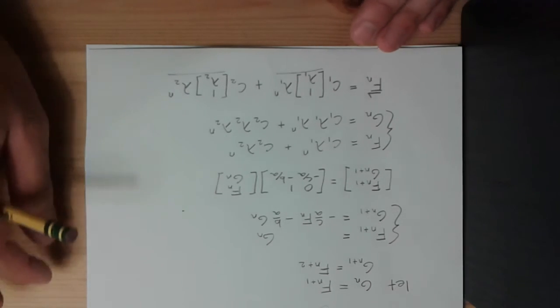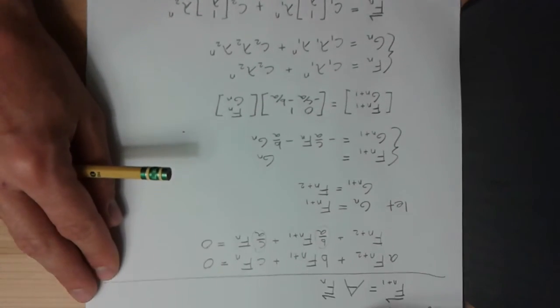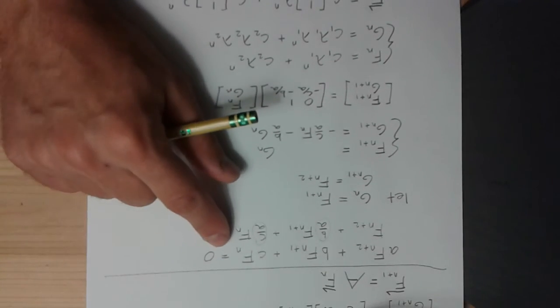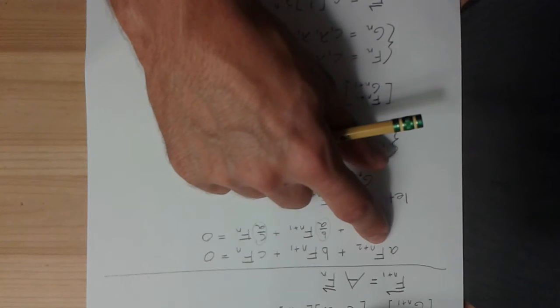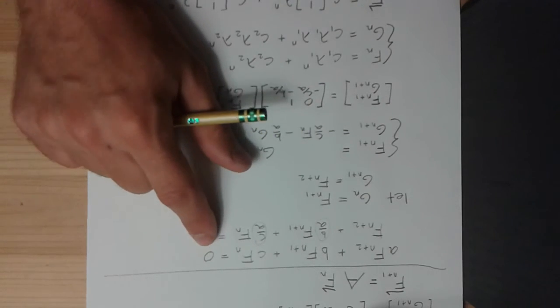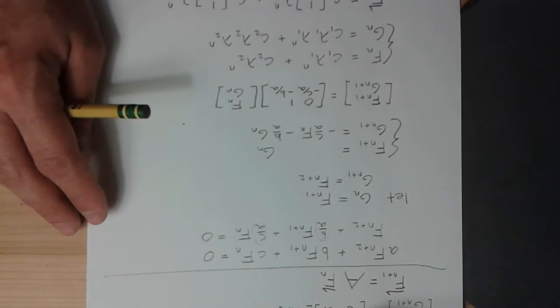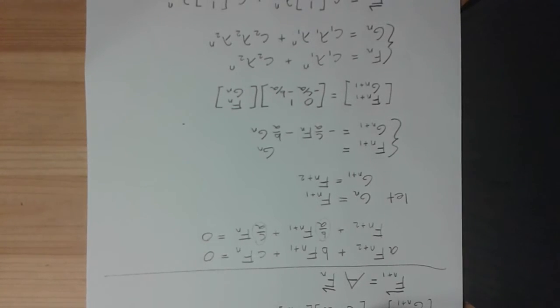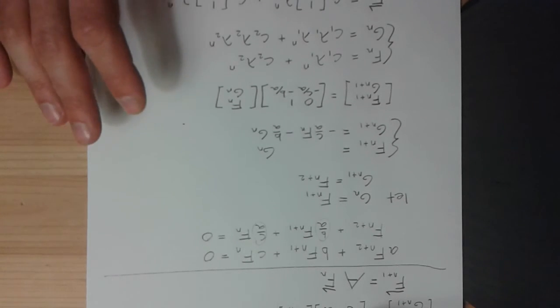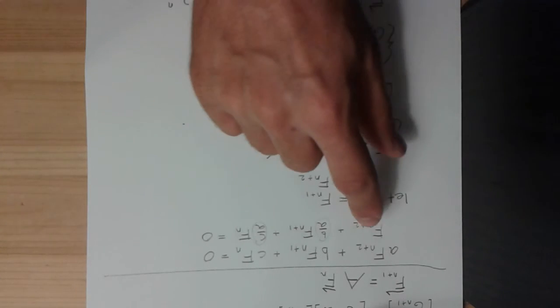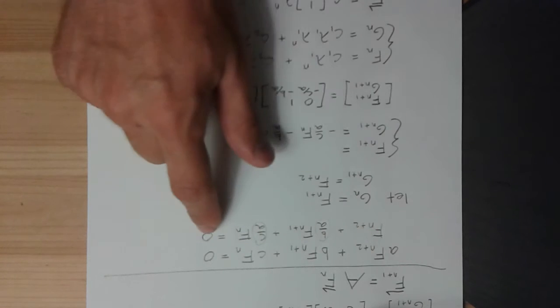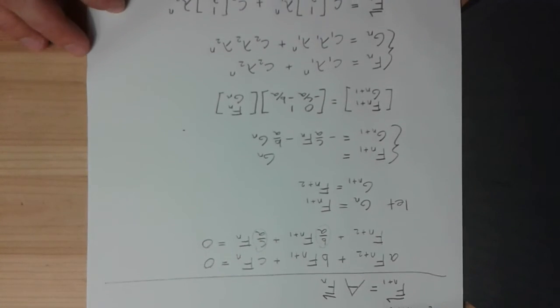Then the last thing I want to say is that we saw that any one of these second order homogeneous equations could be written as a 2x2 system, but the converse of that is false. Not every 2x2 system can be written as a second order equation like this.